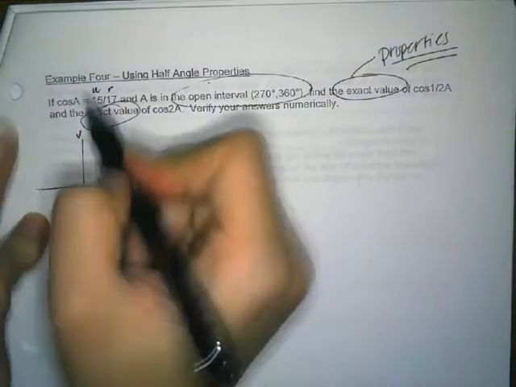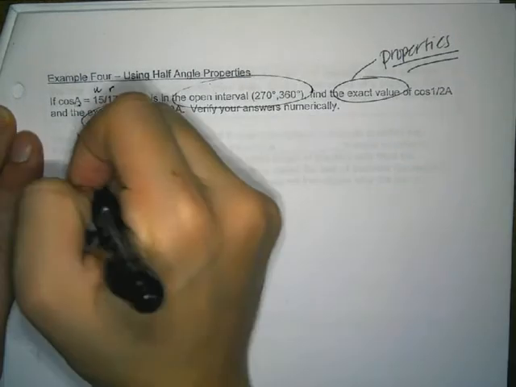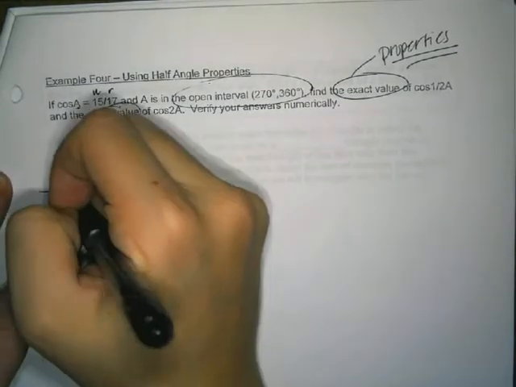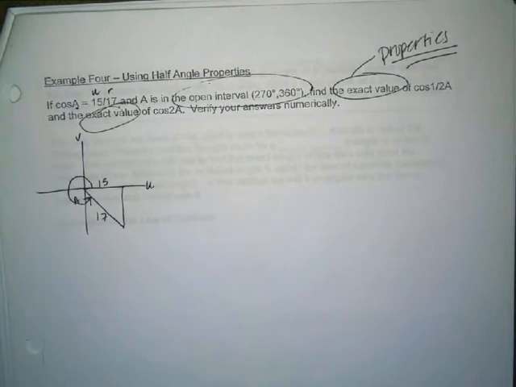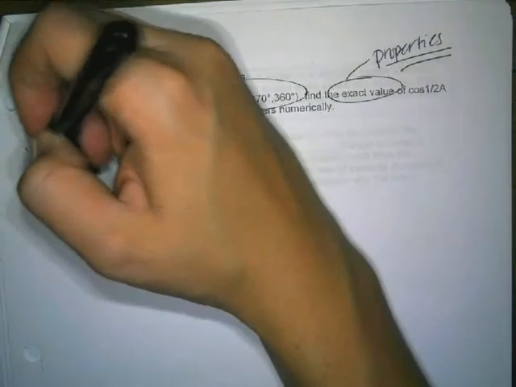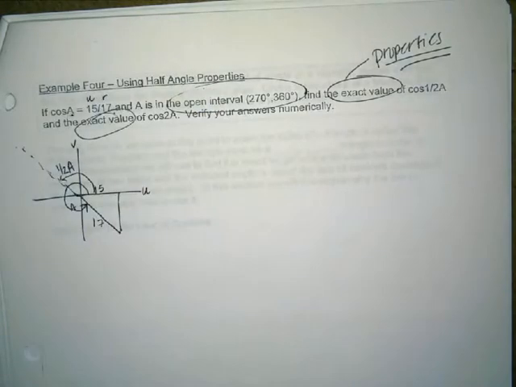Notice that this expression they give me, the argument is angle A. So this angle all the way to where that reference triangle is, that's angle A. But we need to find the exact value of cosine 1/2 A. So where would the angle be if you're trying to find 1/2 of A? Half of that. In the second quadrant. So we're going to draw a little dashed line here to show that that angle is 1/2 of A. We don't know what A is, but whatever A is, half of that would be just the opposite quadrant.